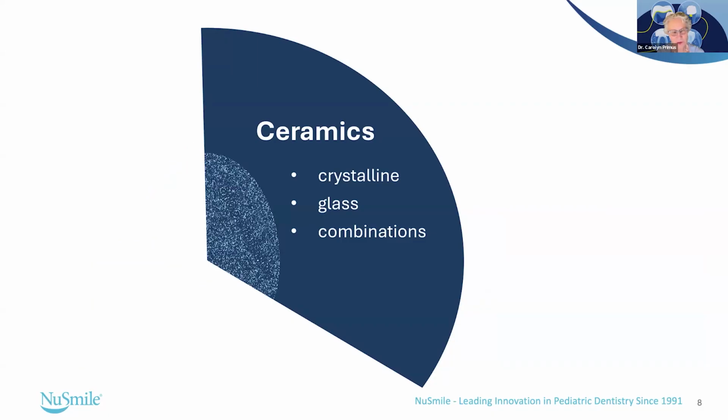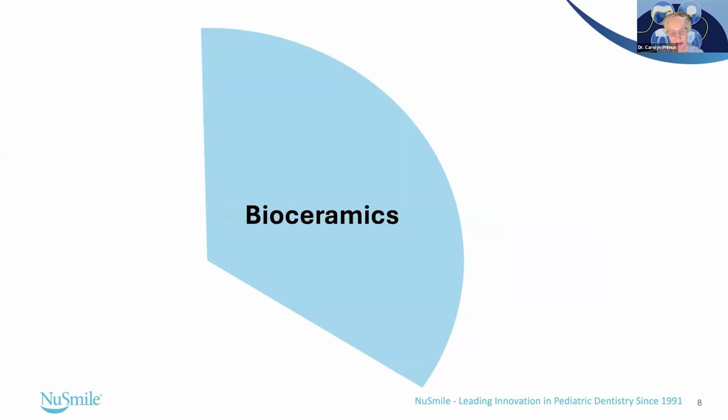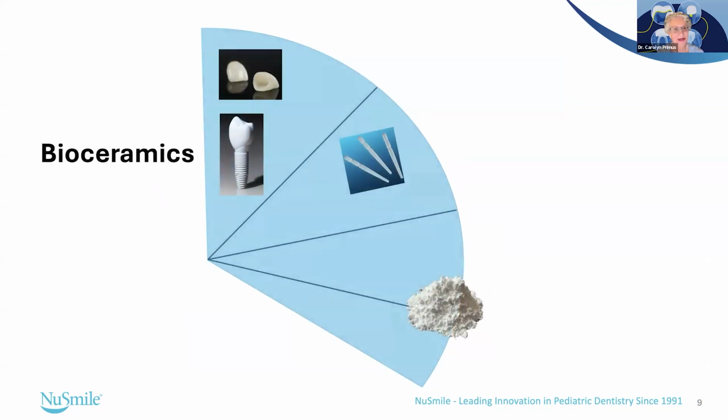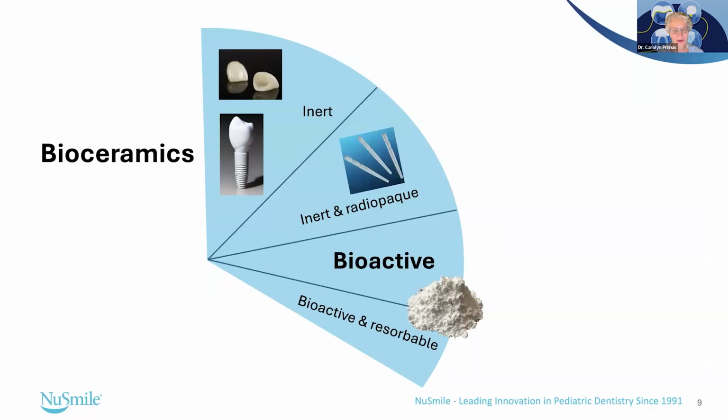But let's even further focus on the bioceramics, which can also be crystalline, glass, or combinations thereof. But bioceramics includes a lot of materials. It includes zirconia, alumina, inert materials, radiopaque materials, bioactive and resorbable bone grafts.